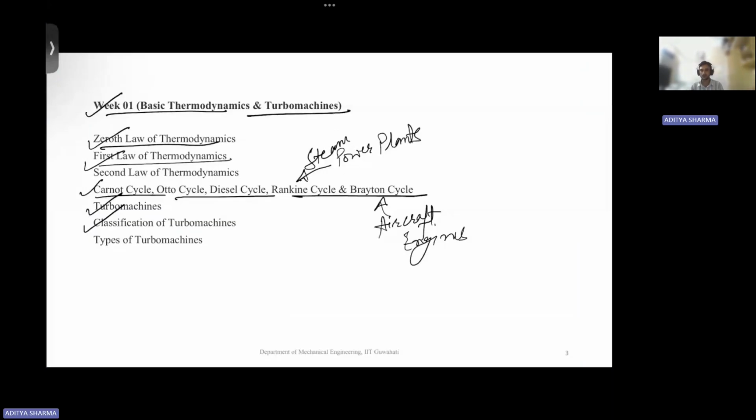Your compressor is taking your work input, and your turbine is giving your work output. Then other classifications are also given in week one's content, but we'll keep it to this much only for this session. Then types of turbo machines.